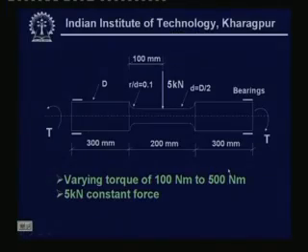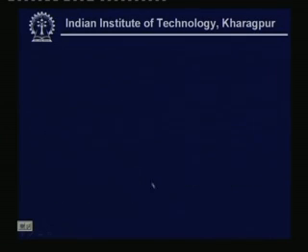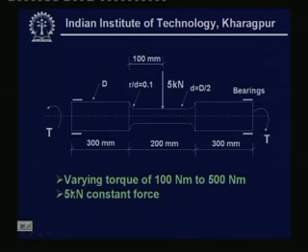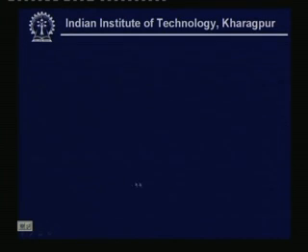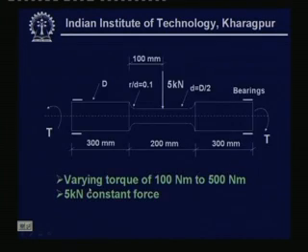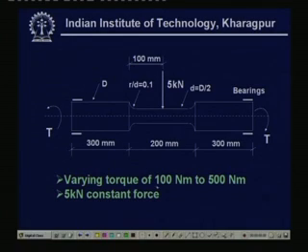Now, let us look into the same problem. We introduce another torsion in the problem. You can see a torque has been applied, and let us assume that the varying torque is 100 Newton meter to 500 Newton meter.